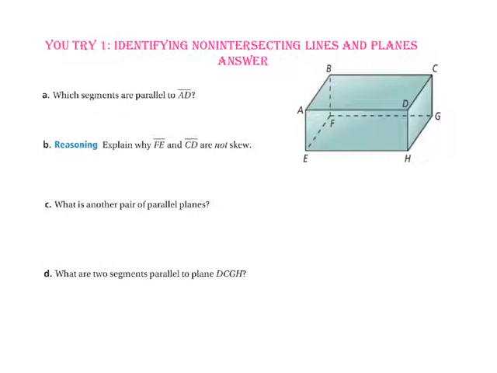For part D, we want two segments that are parallel to plane DCGH. So here's plane DCGH. Let's first look at the segments that are parallel to the sides, segment DH and segment CG. So segment AE and segment BF would be parallel to plane DCGH.